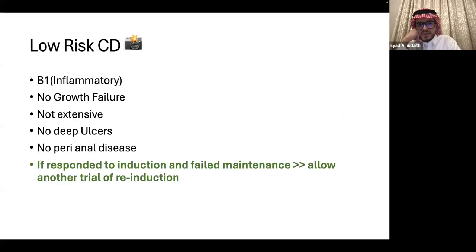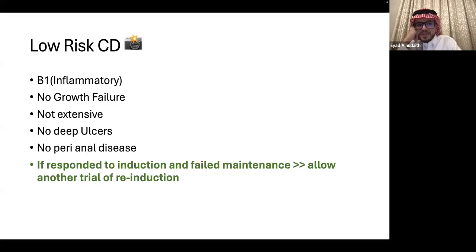So what is low-risk Crohn disease? It is when he has phenotype B1, inflammatory. So this is the importance of Paris. If you are by now familiar with Paris, you will know what is low risk and what is high risk.